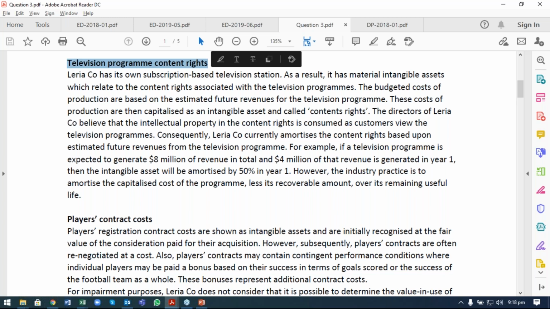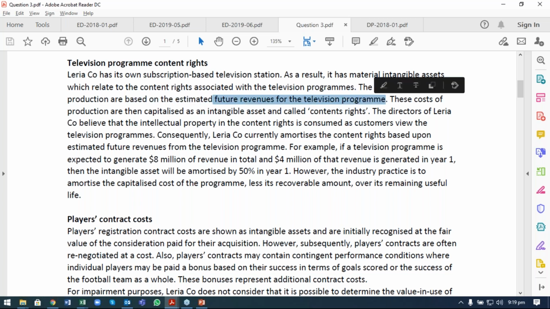One thing Laria company has done is amortizing its television content rights based on the expected revenue earned with respect to those television programs. One important thing you need to understand is the company always plans a budgeted cost for any program based on the estimated future revenues, and the cost is in line with the future revenues.